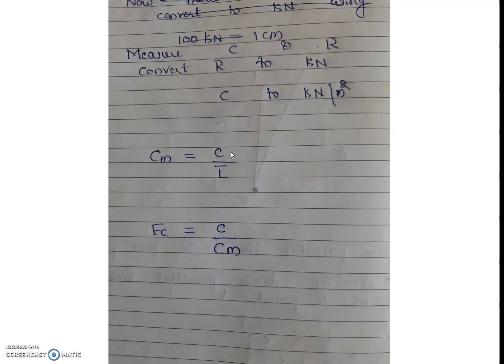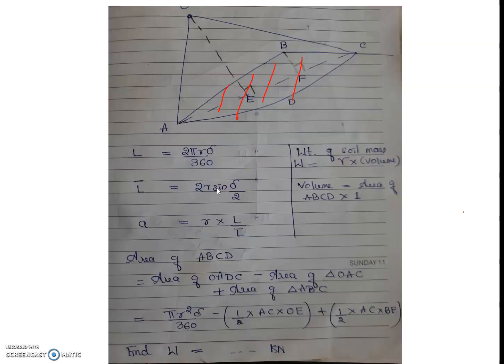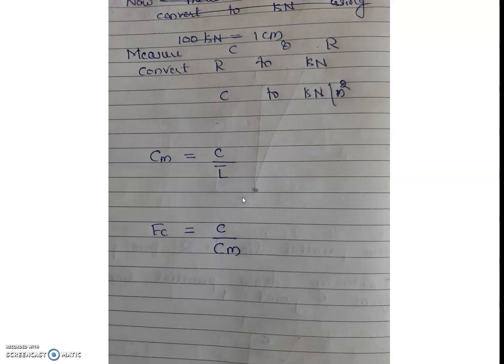C we have got from the graph and L bar we have already calculated, that is L bar equal to 2R sine delta by 2. So substitute the values of C and L bar in order to get Cm. And factor of safety can be calculated using the equation C divided by Cm.